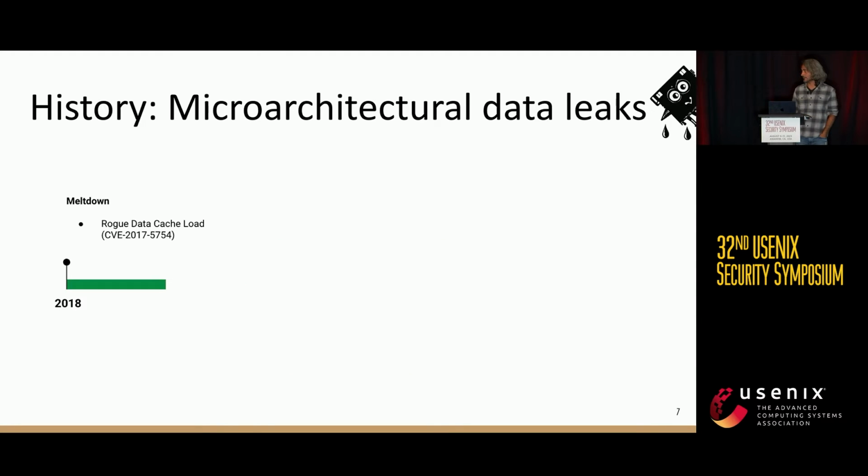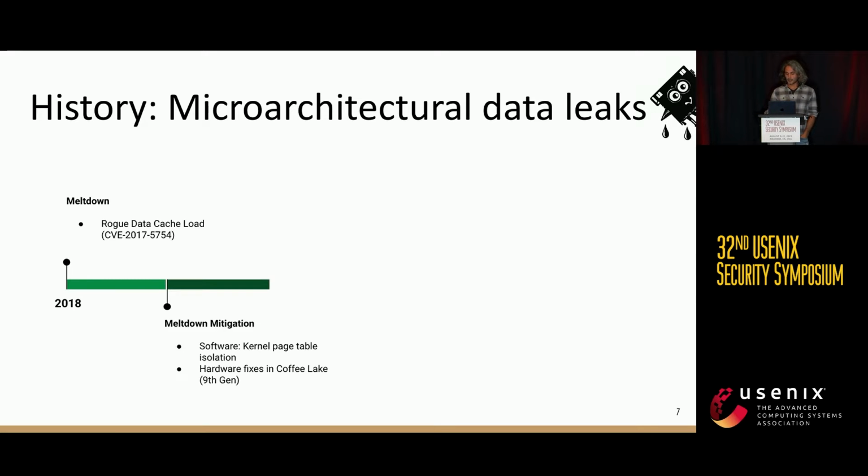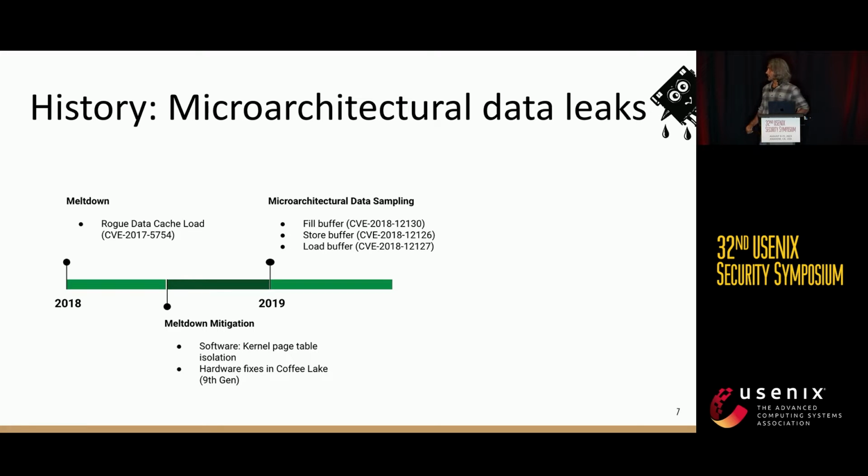In 2018, the Meltdown attack was discovered, where the attacker could leak data from the data cache. Intel ultimately claimed they fixed this vulnerability in the 9th generation Coffee Lake CPU. Then a lot of different researchers, including myself, showed that this mitigation is broken, because you can still leak data from different microarchitectural buffers inside the CPU.